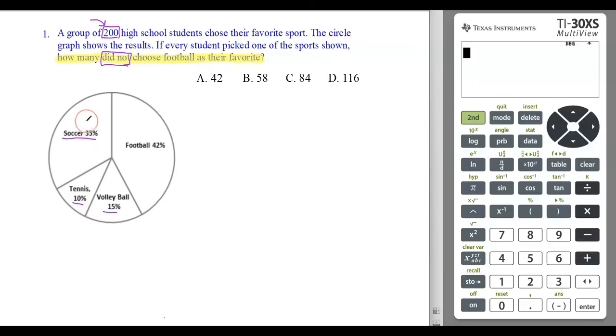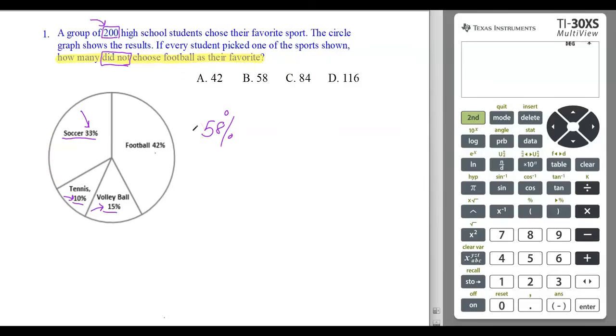So 33% chose soccer, 10% chose tennis, 15% chose volleyball. Let's total those up. 33% plus 10% is 43%, plus 15% is 58%. So 58% of the students chose something other than football as their favorite sport.